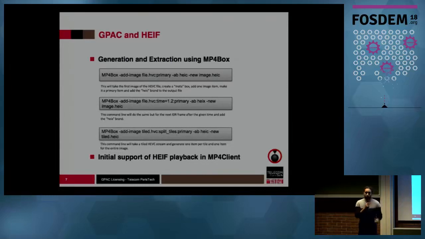The second command will do the same thing, but for the next IDR frame after the given time, and add the HEIX brand. And the last one will take the tiled HEVC stream and generate one item per tile and one item for the whole image.